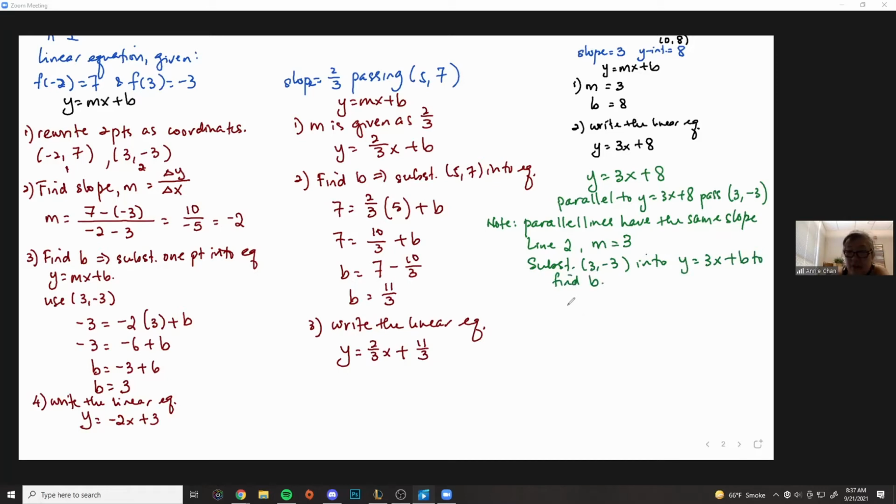So -3 equals 3 times 3 plus b. -3 equals 9 plus b. b equals -3 minus 9. b equals -12. So my line 2 equation is y equals 3x minus 12.